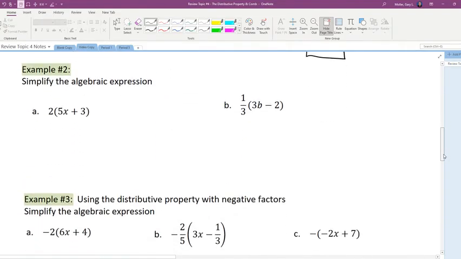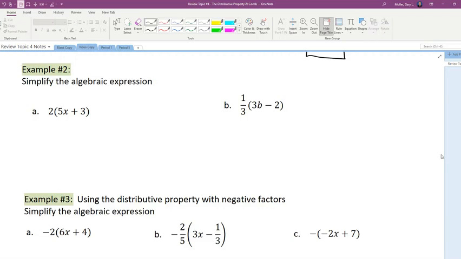All right. Most of the time when you are faced with a problem that you're going to use the distributive property, it's because you have this situation like we have on example 2, and 5x and 3 cannot be added together. We're going to review in a minute why that is, but we cannot add things that are not the same.